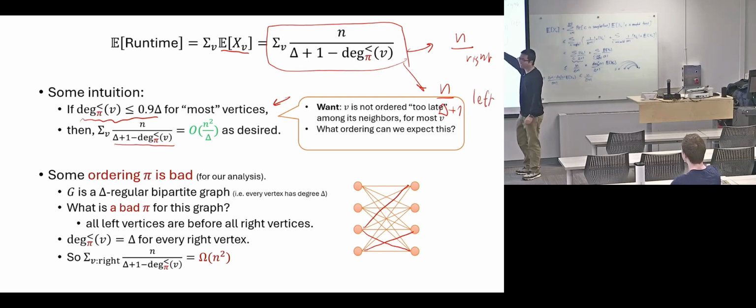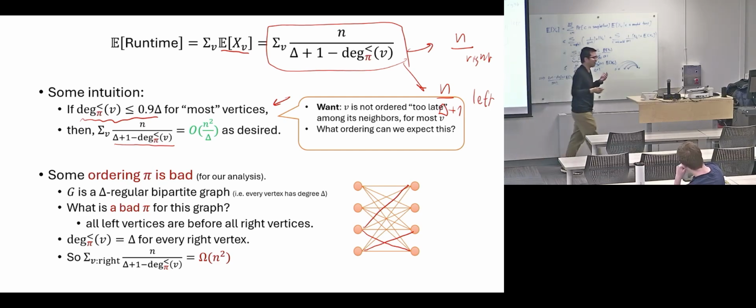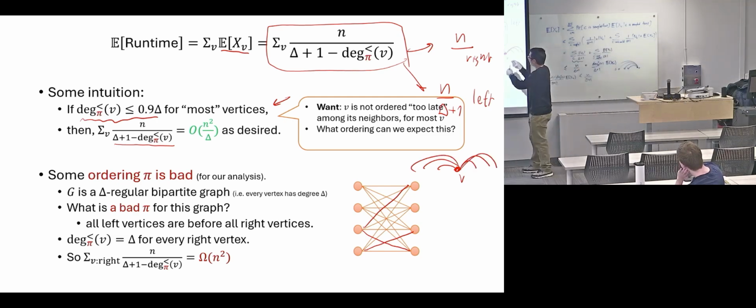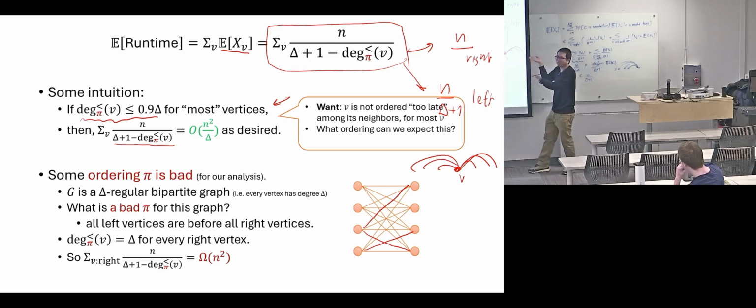However, we're going to do something extreme. We're just going to choose a random order. Why do you think this should be the case? Because when you choose a random order, if this is the node V and you have neighbors, you expect half of its neighbors to be before you and half of its neighbors after you.